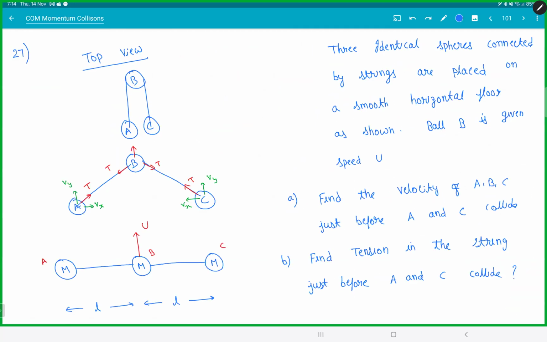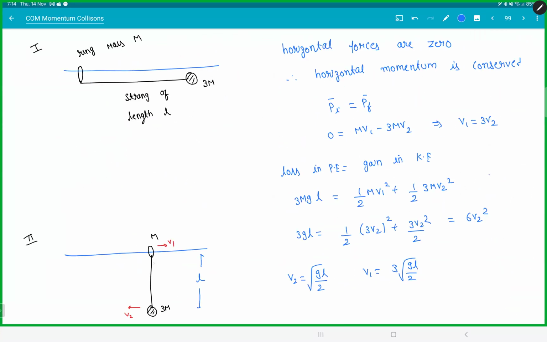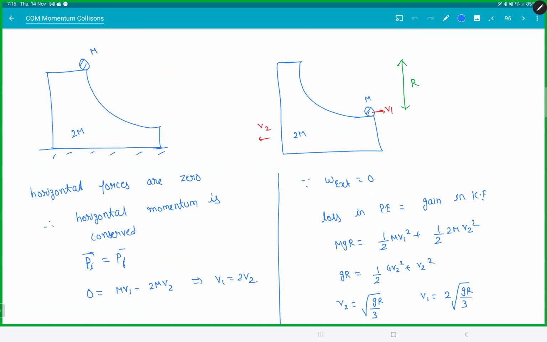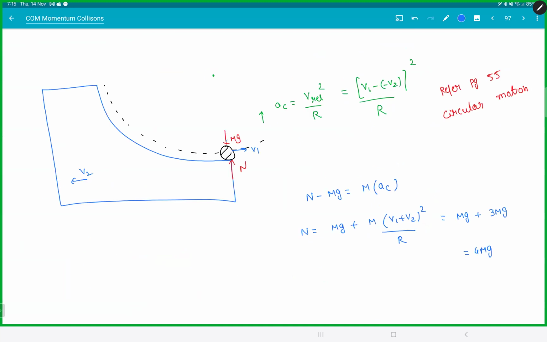And I was careful, look at this problem. In this problem, what did I do? I said when it has become vertical, the tension is this, so horizontally there is no acceleration, right? That's why there is no pseudo force here. On the ring, there is no horizontal force, isn't it? That's why there was no acceleration, and no pseudo force. Look at this problem. When it is in this position, there is no horizontal force on this, right?